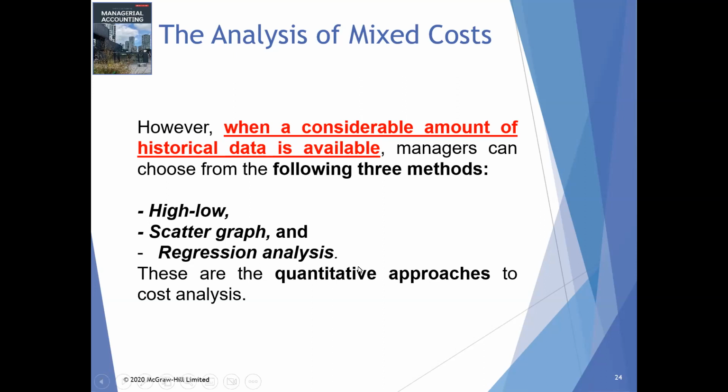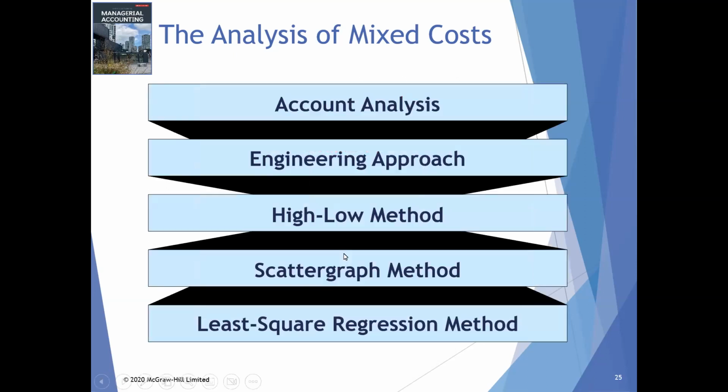These are the quantitative approaches to cost analysis. So the first two approaches are qualitative, and the last one is the quantitative approach. We have this analysis of a mixed cost, and we can do it on the basis of all these five.